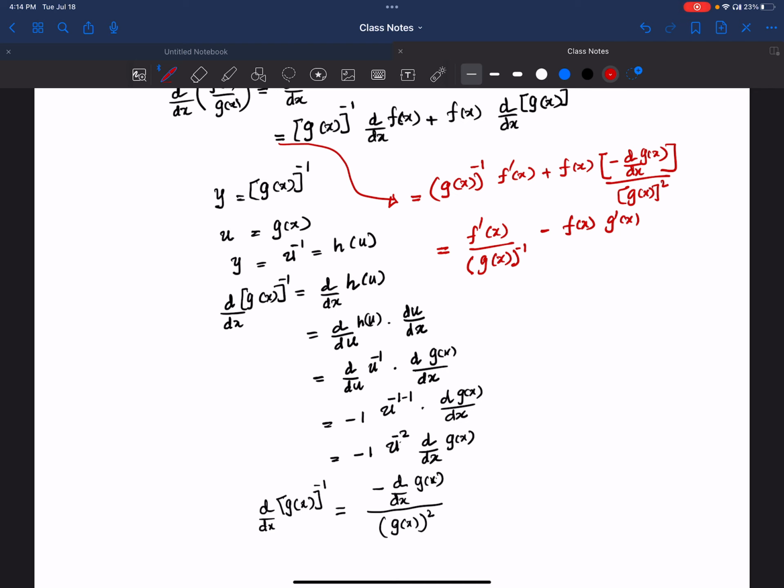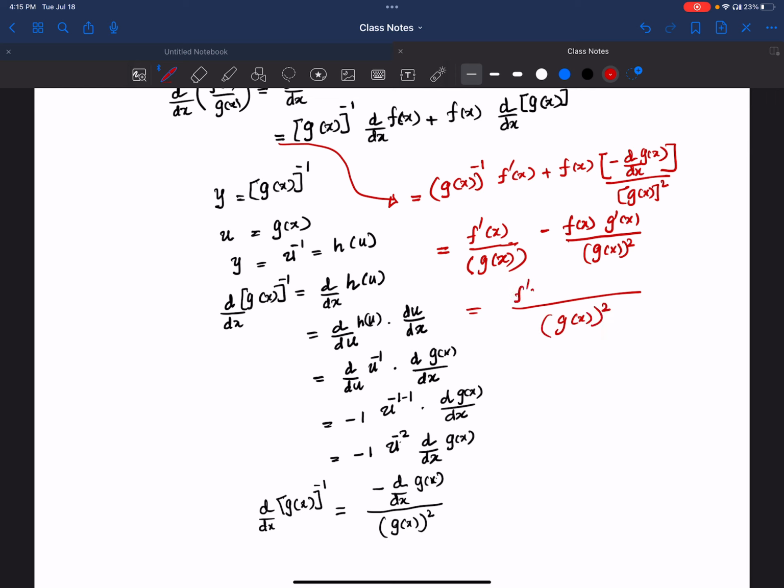This is g prime x right here, and divided by g of x squared, right? And this is actually just g of x. And then I can take a common denominator, g of x squared.